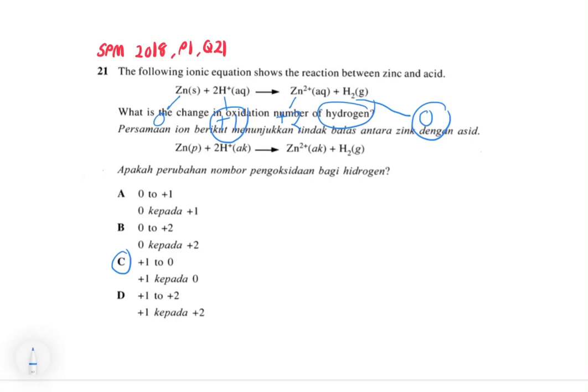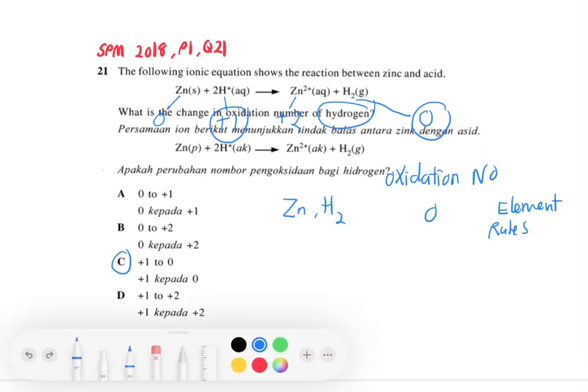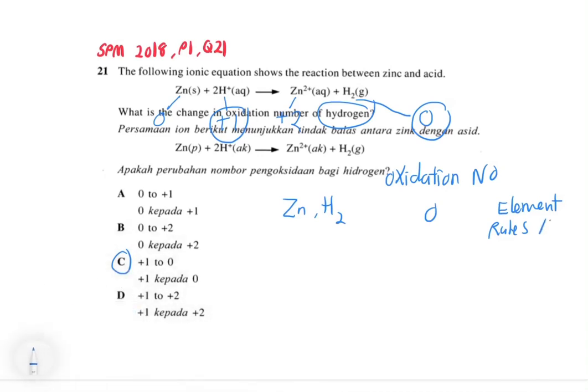I would just like to recall the rules. For zinc and hydrogen, the oxidation number is 0 because they are in elemental form, and that is rule number 1.